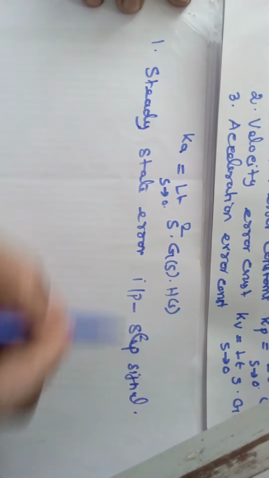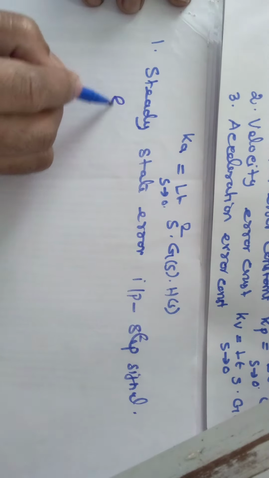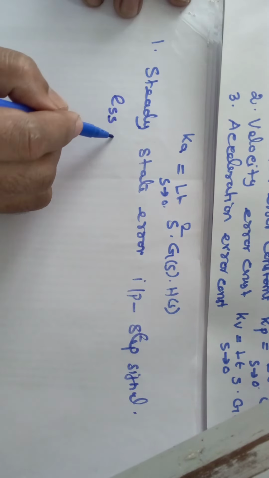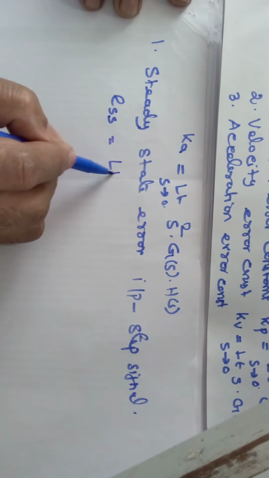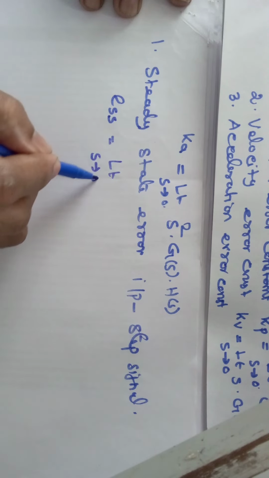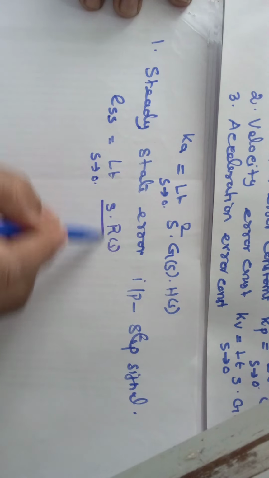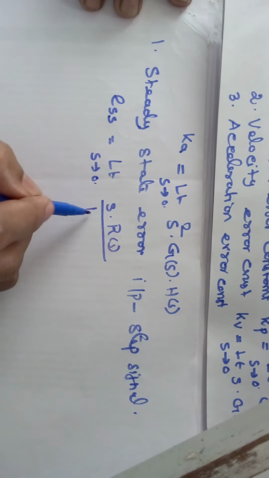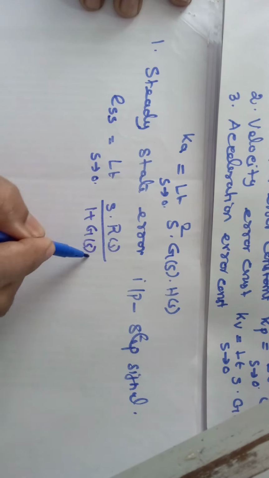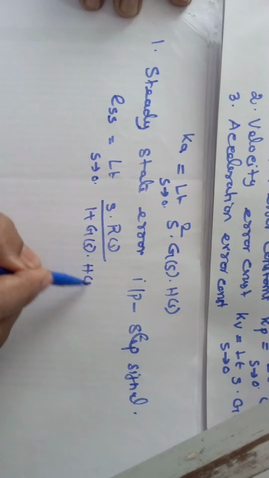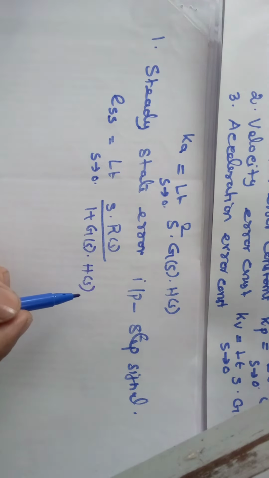You already know the definition of the steady state error: ESS is equal to limit s tends to 0 of s into R(s) divided by 1 plus G(s) into H(s).